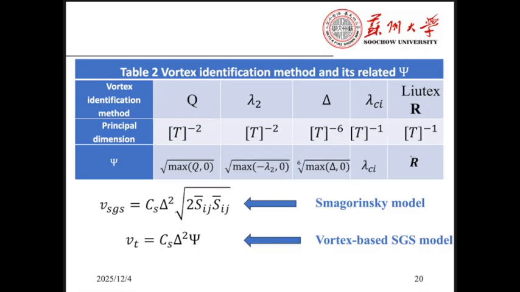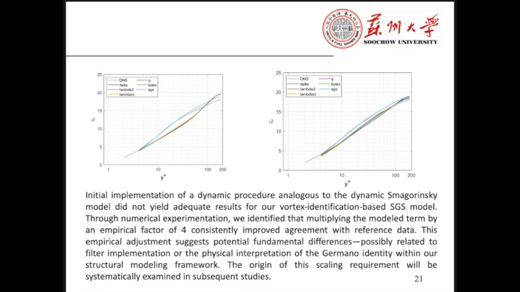By doing dimensional analysis and some cutoff of the vortex identification parameters, we construct this nu t equals Cs delta squared psi vortex-based subgrid models, and we compare them in turbulent channel flow.